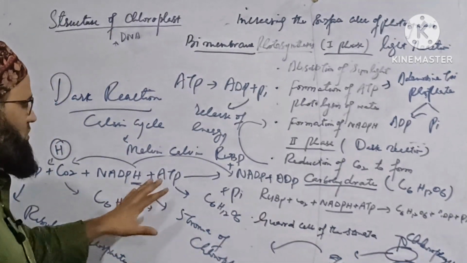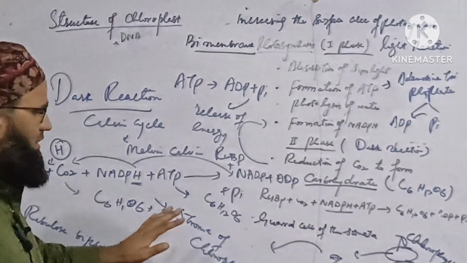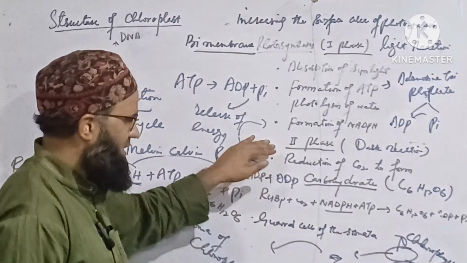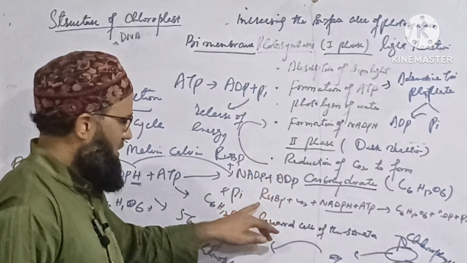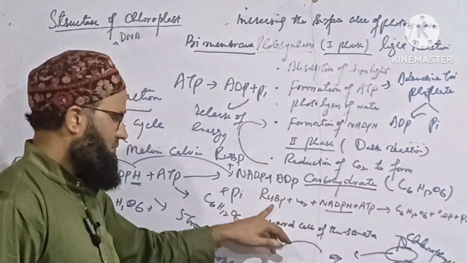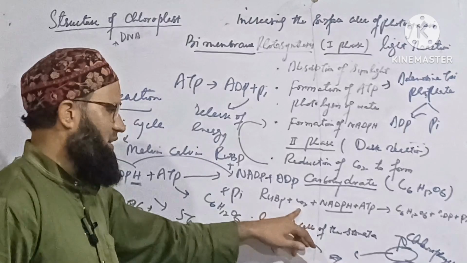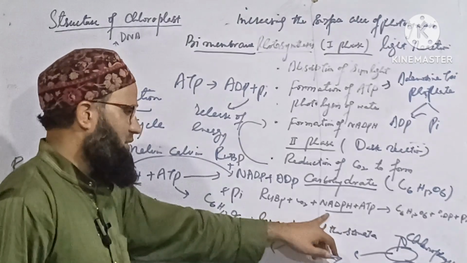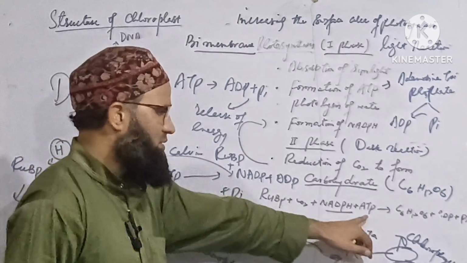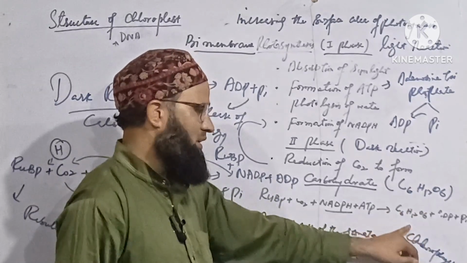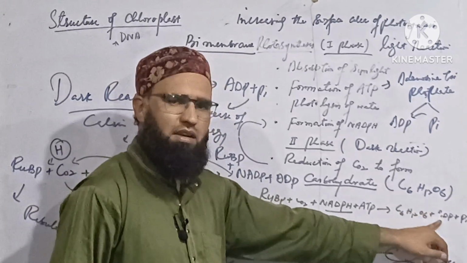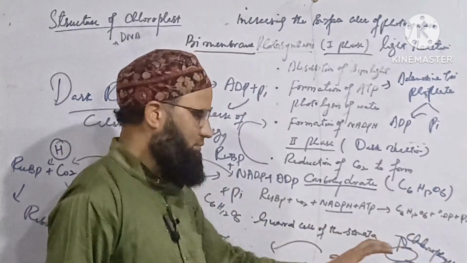So this whole process, which takes place in the second phase of the photosynthesis: RuBP plus carbon dioxide plus NADPH plus ATP gives C6H12O6, that is carbohydrate, or we can say glucose, and there is a formation of ADP and inorganic phosphate.